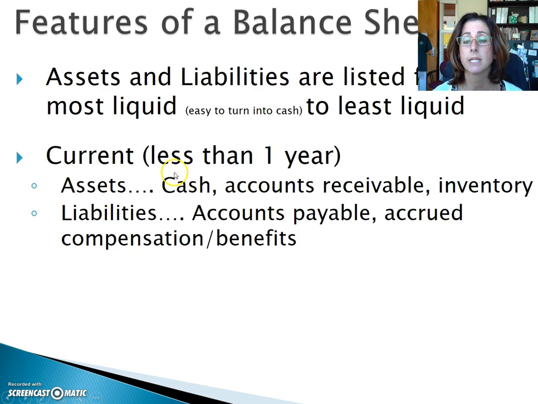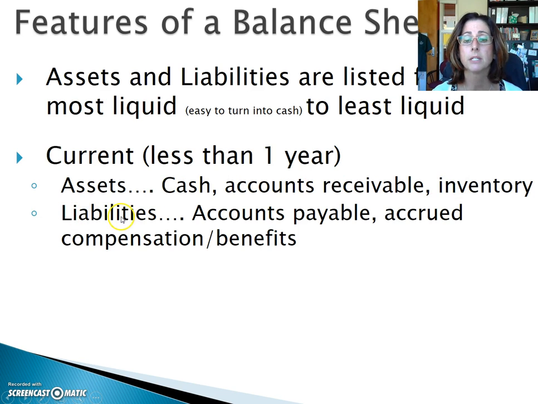So cash is already cash. Accounts receivable is what people who have bought our product or service but haven't necessarily paid us yet owe. Like what you owe on a credit card would be the credit card company's accounts receivable. And then inventory. All of these we expect our customers to pay us within a year, and we expect to sell our inventory within a year to turn it into cash.